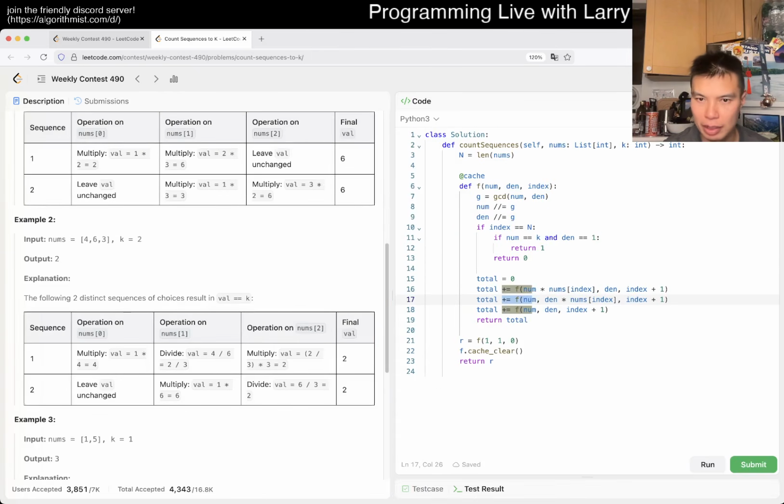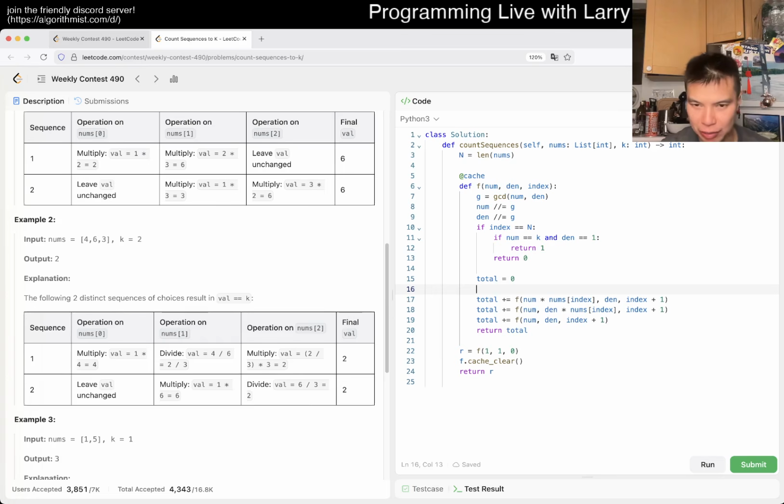Okay, so yeah, let's, how do I want to write this? Because it doesn't catch enough. I mean, yeah, it's fine. Let's just write it in a dumb way, right? Okay, fine.